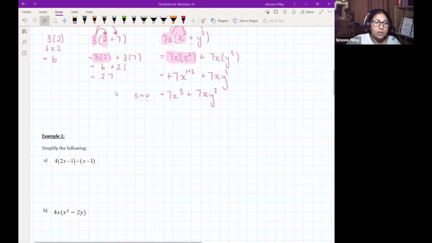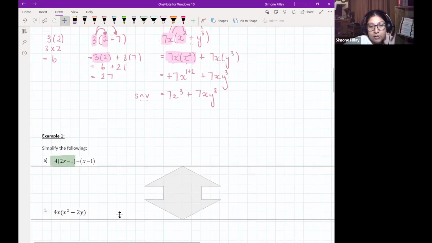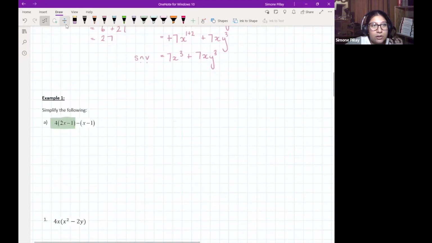Okay. And so we see here, we have example 1, simplify the following. So let's only focus on this bracket first. We're going to ignore the second bracket while I explain what's going to happen in this first bracket. So I'm just going to give myself some space to work over here. So that's that.